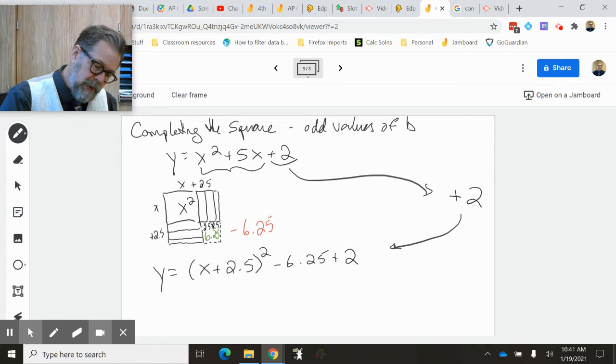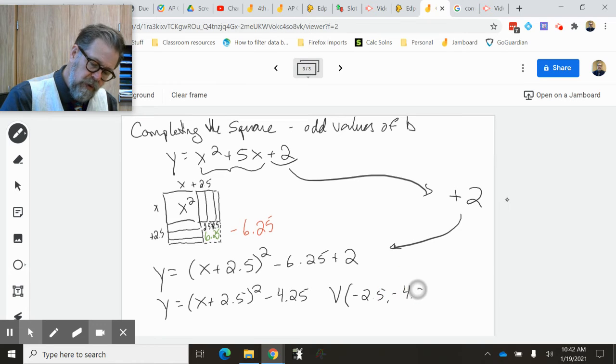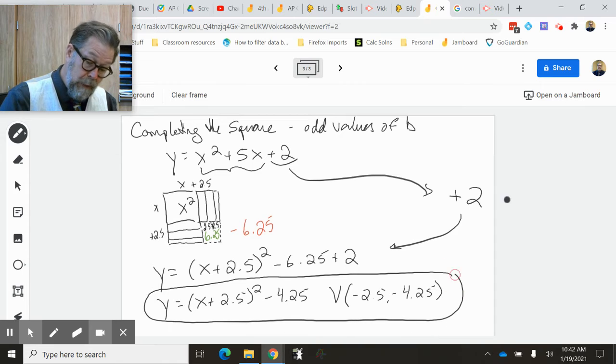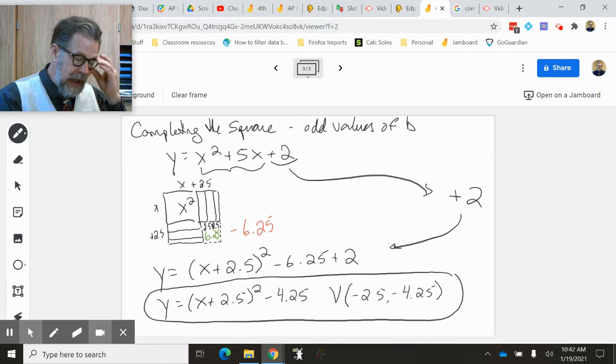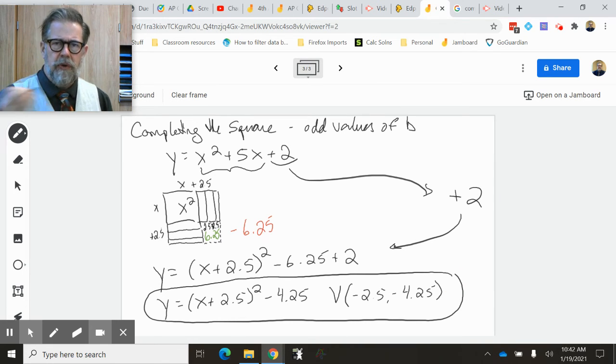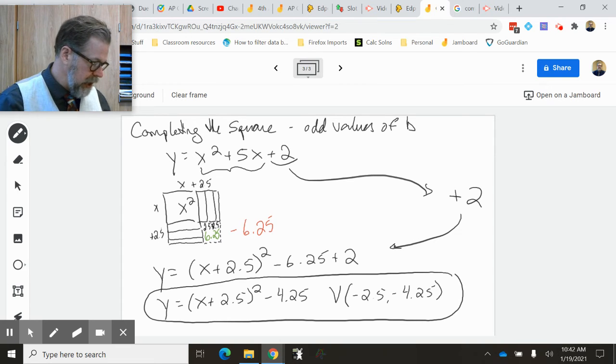I now bring my plus 2 back in, and what I get is x plus 2.5 squared minus 4.25, which means that my vertex can be found at negative 2.5 comma negative 4.25. So really not much more complicated, except that I just have to have a fractional version. I have to have half of that 5 on each side.